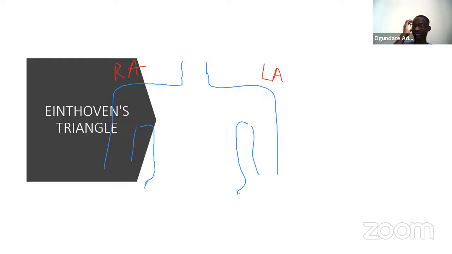One thing I didn't tell us when I was talking about the electrodes: I said there are 10 of them, isn't it? There are 10 of them, the 6 chest electrodes and the 4 limb electrodes. Out of the 4 limb electrodes, that of the right leg is actually neutral.